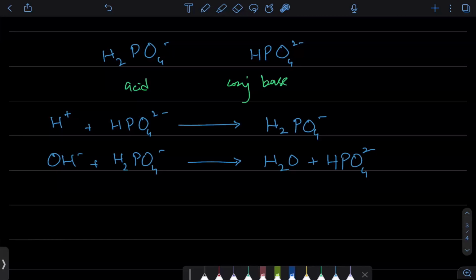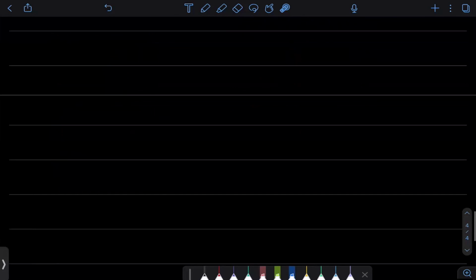Okay. Alkaline buffers can also come up as a question. A very common example of an alkaline buffer is ammonia with ammonium chloride. Here is a better way of looking at the equation: ammonia added to water gives me ammonium plus OH minus.